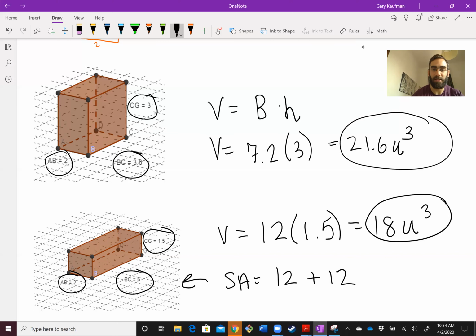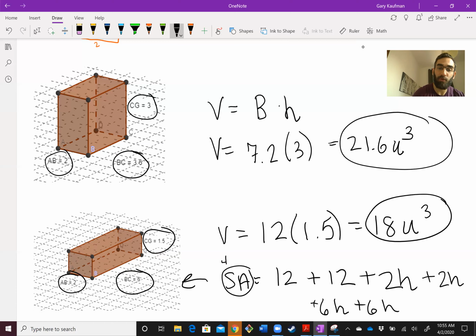Well, then I thought to myself, I need to multiply 2 by whatever the height is for both sides. And I needed to multiply 6 by the height for both sides of that. And I knew the surface area was 48.